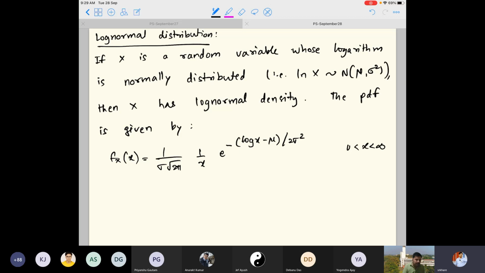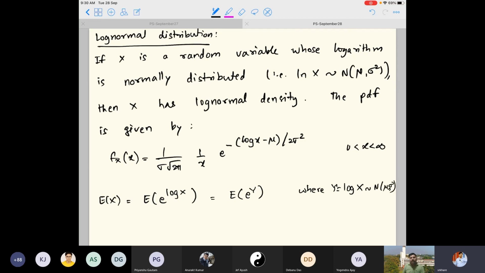So you can see how you can calculate expectation, mean of this. Okay, so expectation of x basically will be expectation of e to the power log x, right? And this is basically expectation of e to the power y, where y is equal to log x. Y is equal to log x follows normal with mu sigma square.